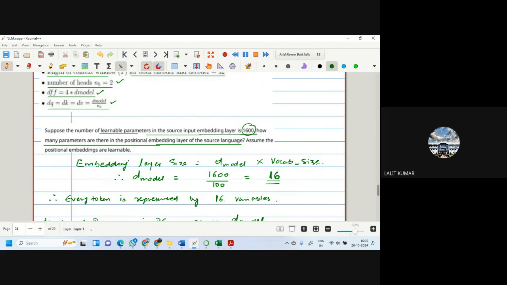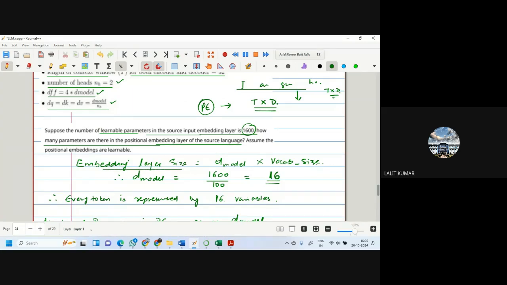How many parameters are there in the positional embedding layer of the source language? Always remember PE: what is the dimension of PE? It is always T into D model. For example, this was "I am going home", so the dimension of the positional encoding is the same, T into D. And what is the size of the embedding layer?